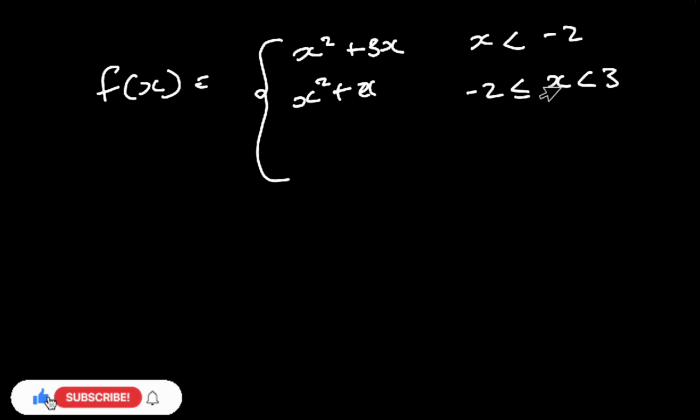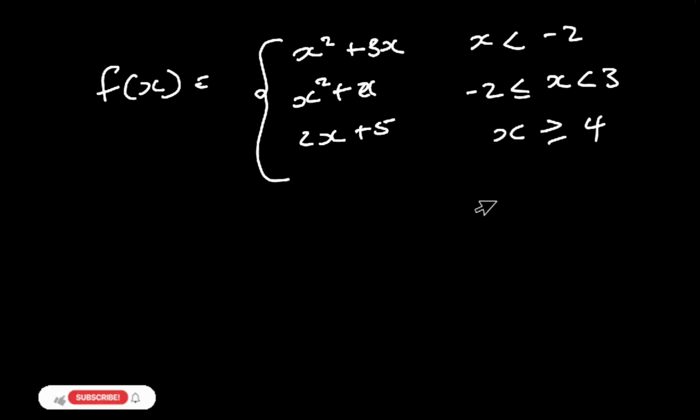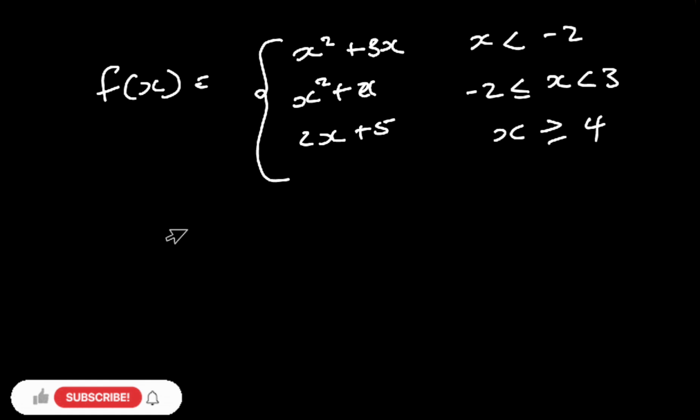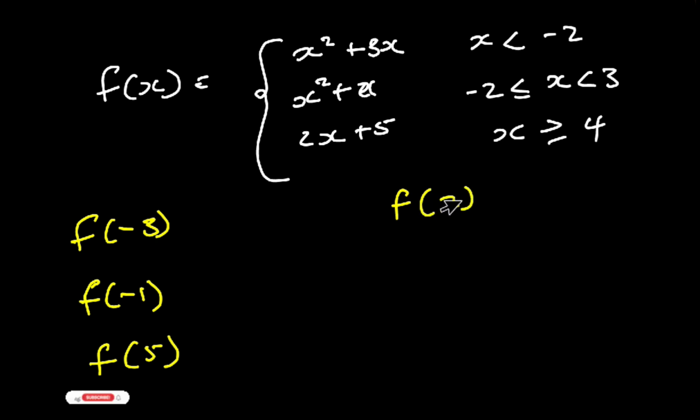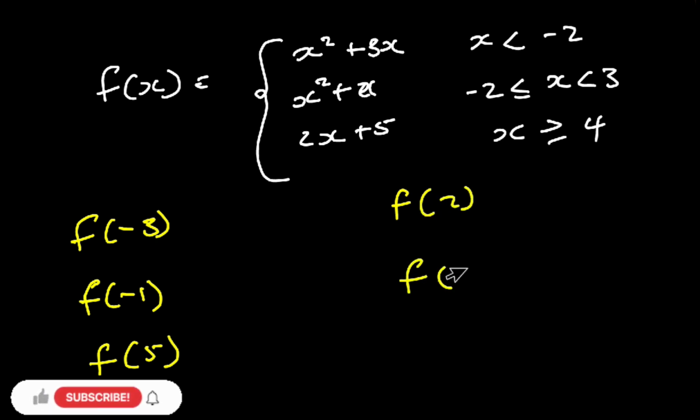So basically x is greater than or equal to negative 2 but less than 3. And then we have 2x plus 5 when x is greater than or equal to 4. So with this information, we have to evaluate f of negative 3, f of negative 1, f of 5, f of 2, and f of 6.